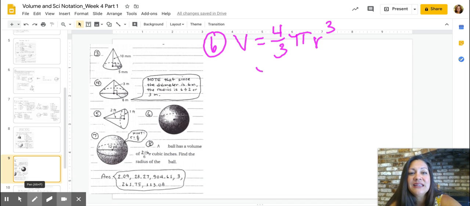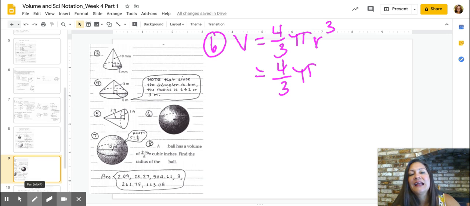It's actually pretty easy. You just need to have that radius. In number 6, I really had to squint to see it, but the radius is 3, and I believe it's centimeters. So it's a little tiny one, a little super bouncy ball.